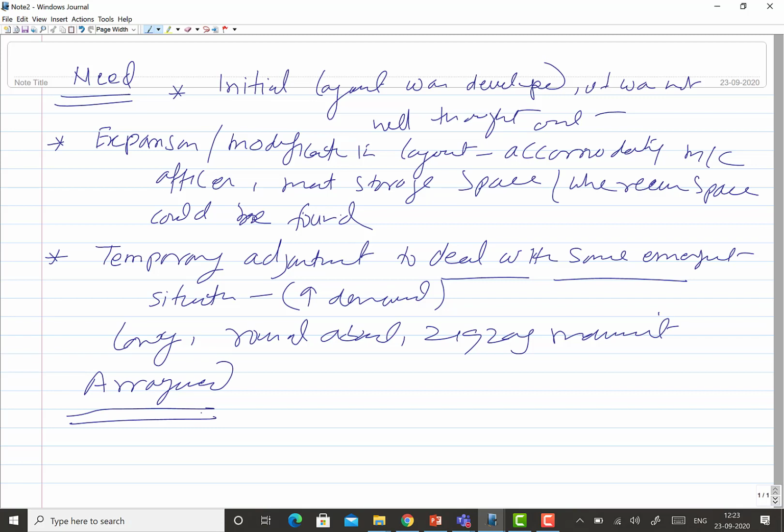Okay, so our approach has to be very systematic, otherwise any layout can look like zigzag. Any arrangement can look like a zigzag if we don't know how the things have been arranged or what is the logic behind the present arrangement of the machines.